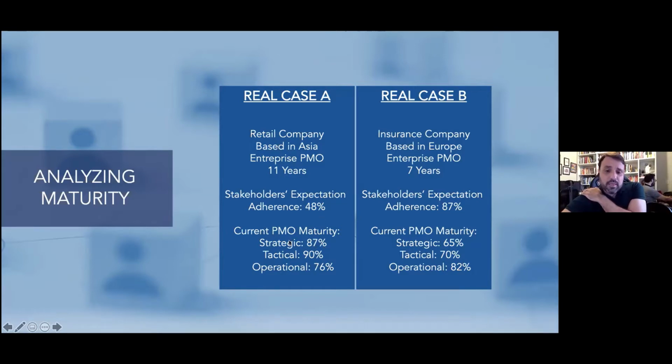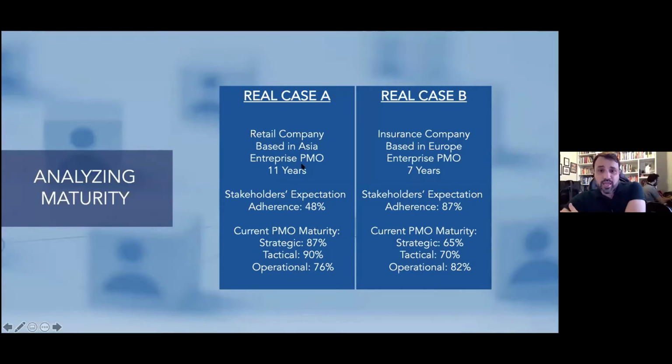But does it mean that this PMO is better than PMO B? I don't know, maybe not. And why? Because look, this number, stakeholders expectation adherence. This is an indicator that the PMO Value Ring provides in step number 2, okay? It means how much aligned you are with the expectations of your stakeholders.